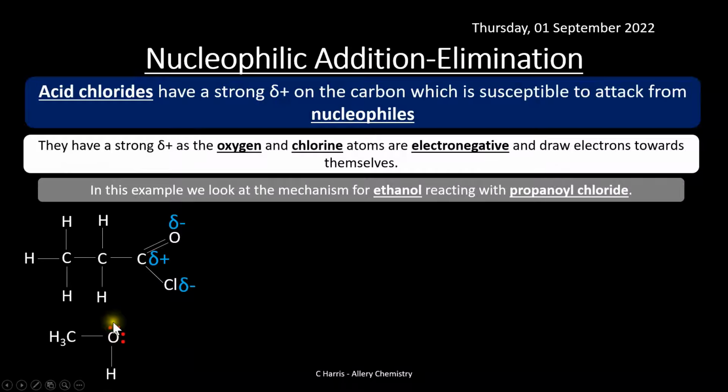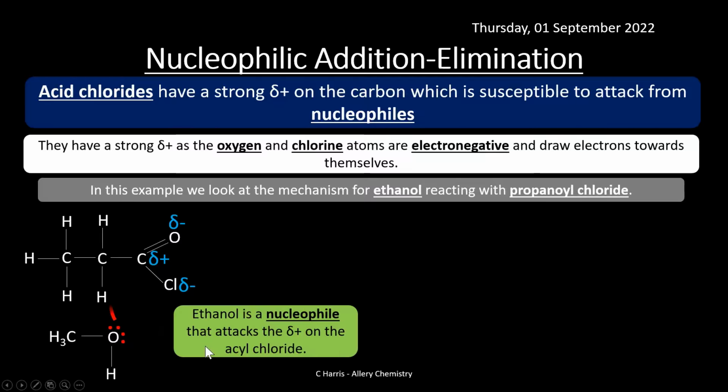So this is methanol, lone pair of electrons. And remember, when we draw mechanisms, the curly arrows must go from where the electrons are coming from and where they're going to. So the curly arrow is going to go from here straight into that delta positive carbon. Okay, there we are. So that's your first sign of attack.